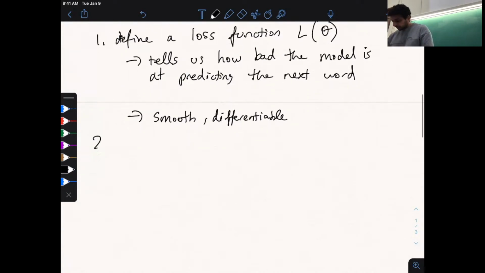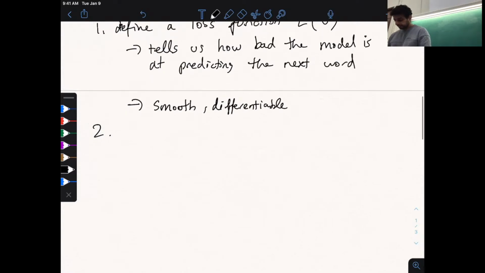We'll go into the specific loss function used in neural language models a bit later, but I just want to get through the high-level steps first so you have a conceptual understanding of how to train one of these things. So given the loss function, we're next going to compute the gradient.